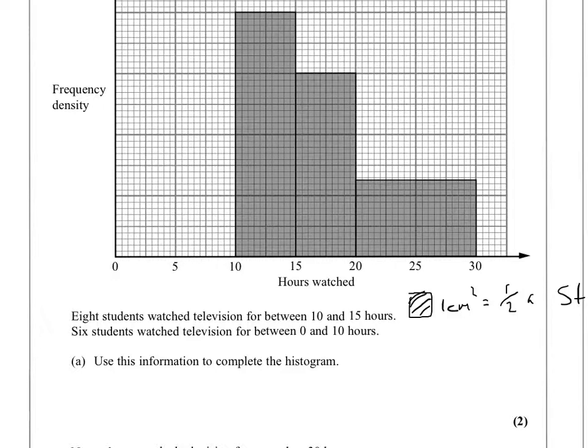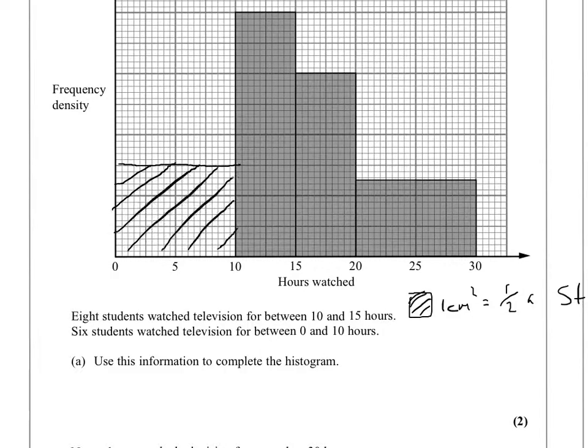So let's try and count this up before we draw anything. 1, 2, 3, 4, 5, 6, 7, 8, 9, 10, 11, 12. So we need to draw a line in there. Then we can fill it in just to make it very clear to the examiner what we've drawn in.